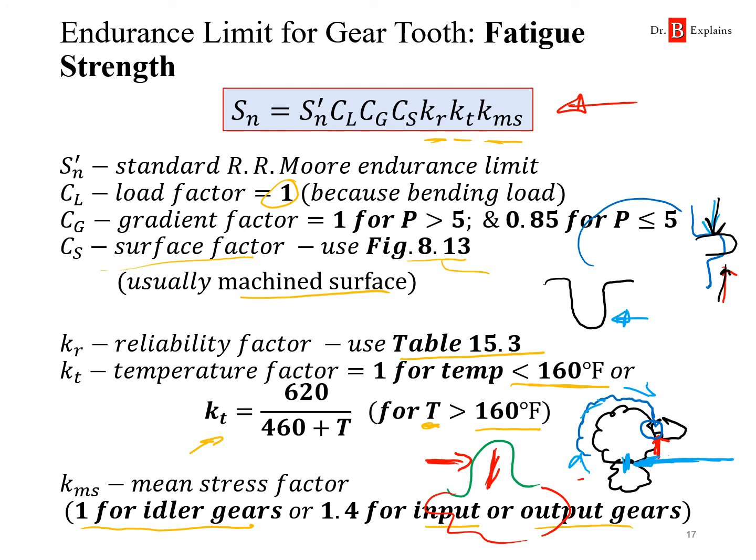The idler sees bending in one direction and then the other, which is worse. The input gear only sees it from one side, and that's why that mean stress factor is 1.4. Look at the difference. A bigger number is going to give us a higher endurance limit. It means that it can take a higher stress without failing.